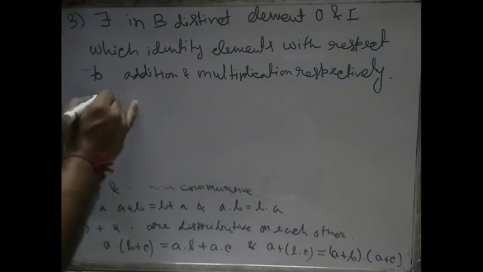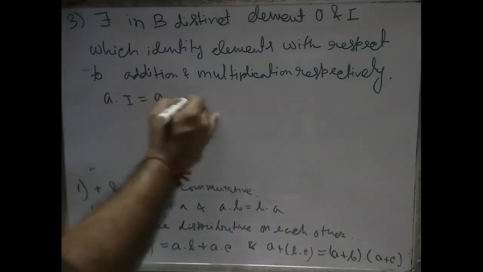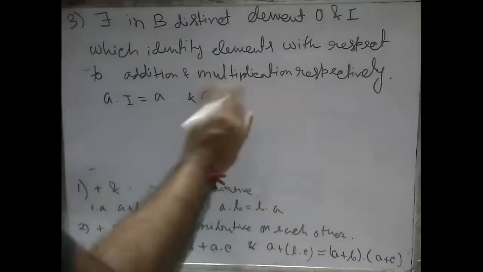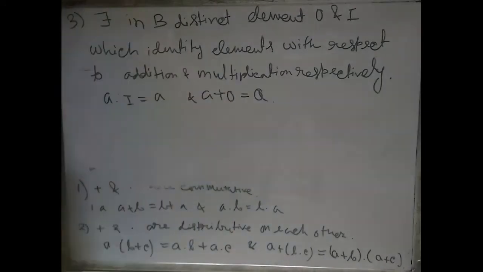So that is a dot I is equal to a, and a plus 0 is equal to a. Okay.